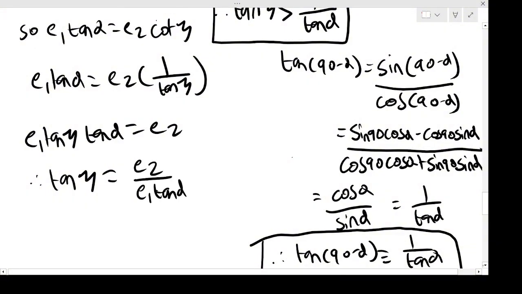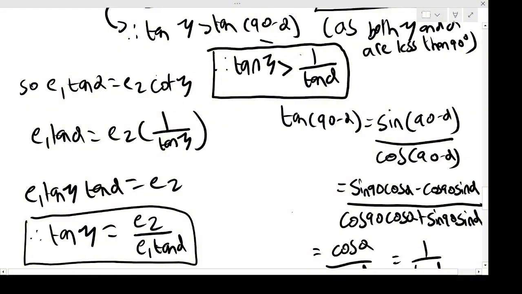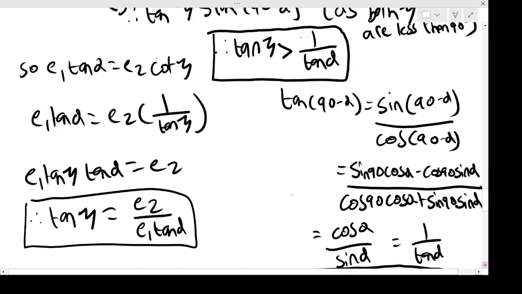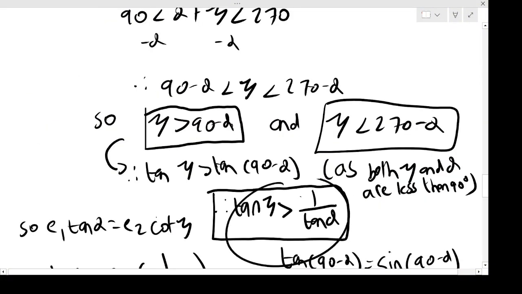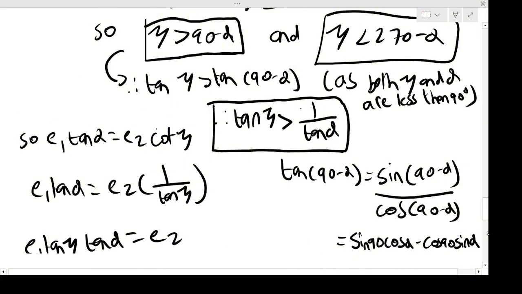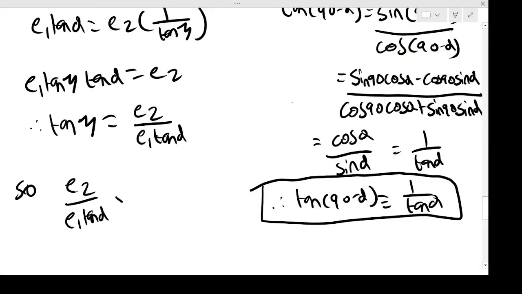So hopefully happy with how I've got to this step here. And so at that point you can see I'm in a position where I can very explicitly substitute this inequality in. So that therefore means that if tan gamma is greater than 1 over tan alpha, then if this expression is tan gamma, therefore E2 over E1 tan alpha has to be greater than 1 over tan alpha.